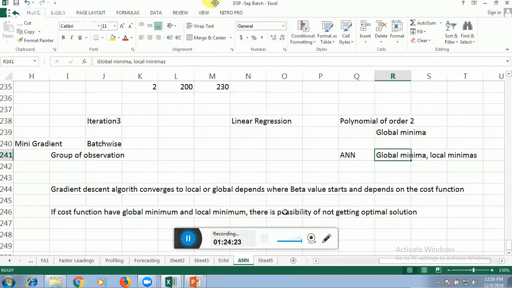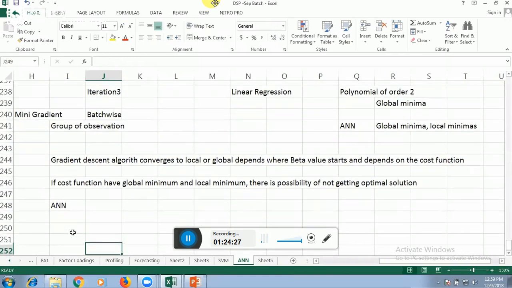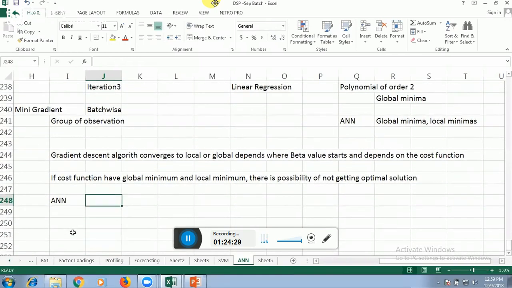That's the reason if you run ANN now, and if you run it after some time, if you don't use the seed value, there is a possibility of getting different solutions. Why? Because different local minimas might exist. So you may converge to the solution which is closest to the initial beta.